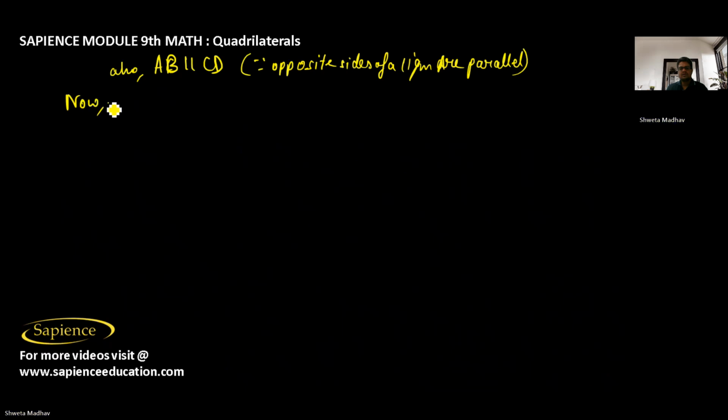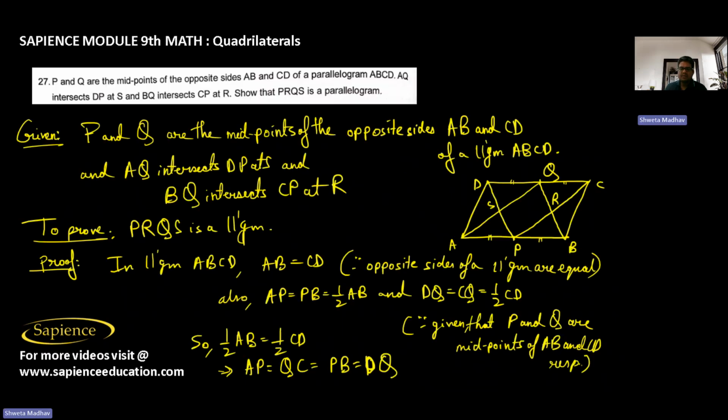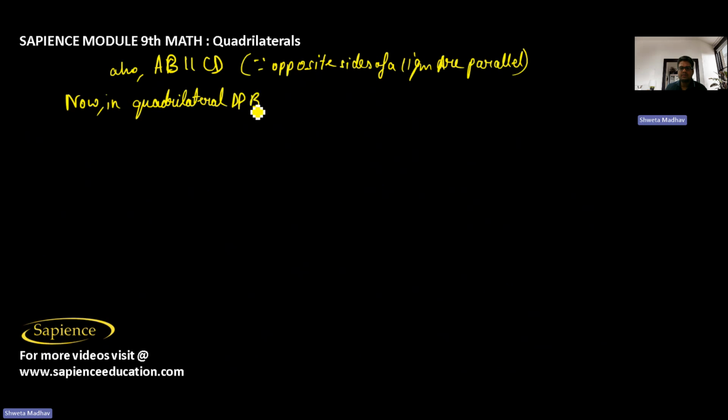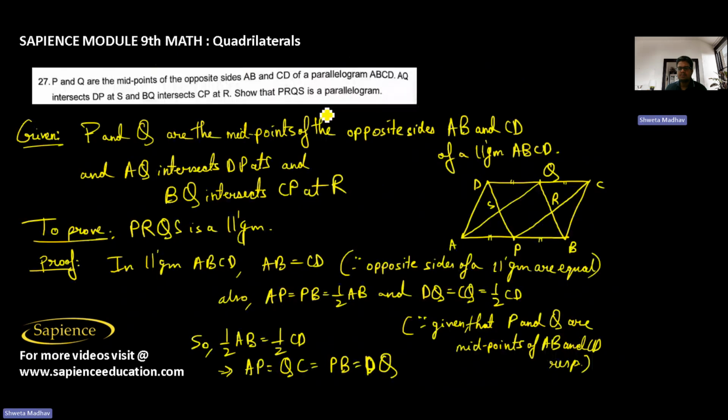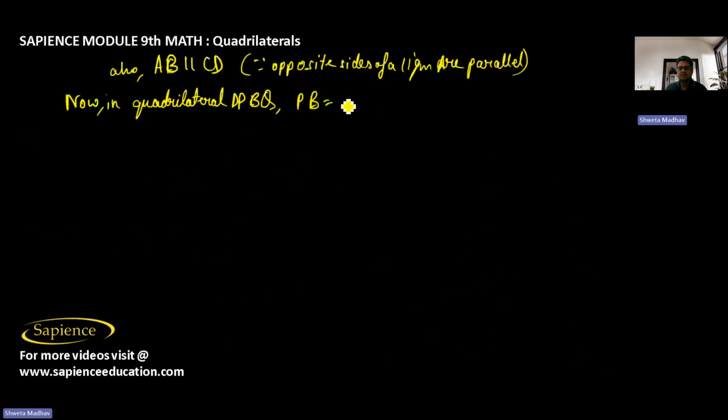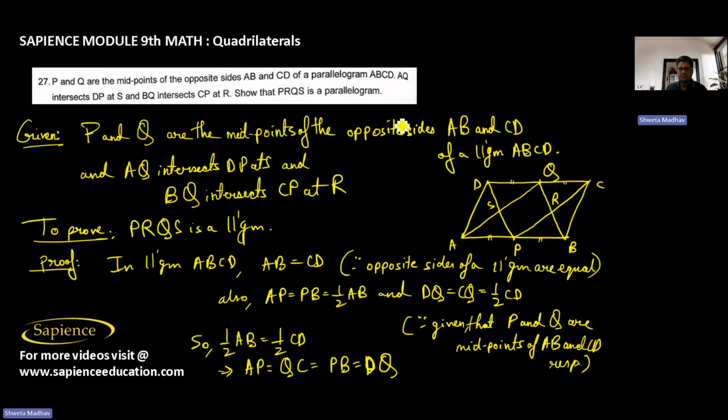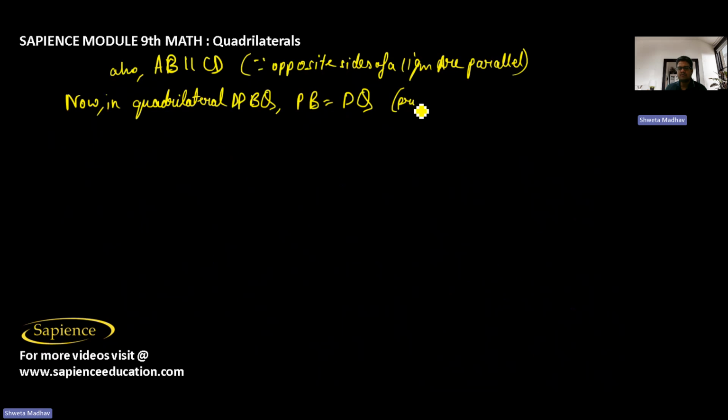So now in quadrilateral DPBQ, we can say that PB is equal to DQ, proved above, and PB is parallel to DQ also, since obviously AB is parallel to CD, which is given.